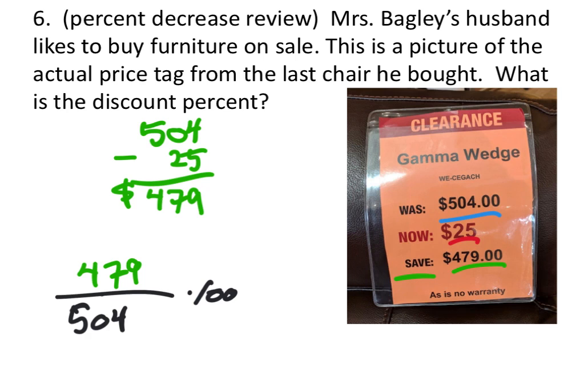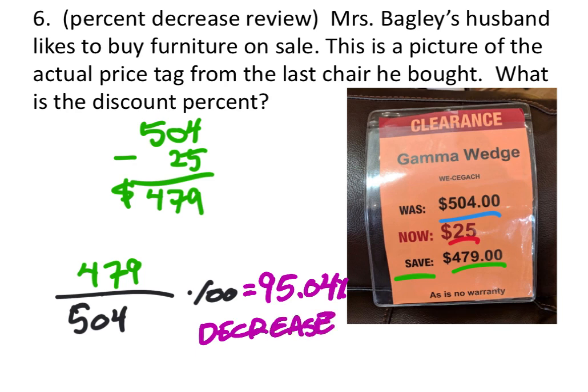And this is something we can put directly in the calculator. 479 divided by 504 times 100. And I got, as a decimal, it's a pretty ugly decimal actually, 95.039. I'll just round that to the nearest hundredth. And yeah, that's a percent decrease. So from the original price, they decreased around 95% here.